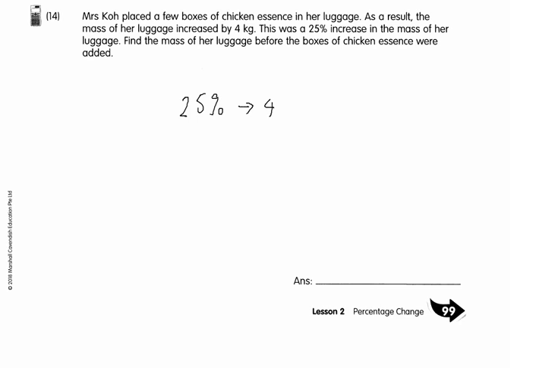But what is the percentage after the chicken essence was added? 125%. Do you understand what's happening? So I'm looking for 100% because they just want the mass of the luggage. So in fact, this is so simple, we don't even need to find 1%. We just need 4 times 4 equals 16.